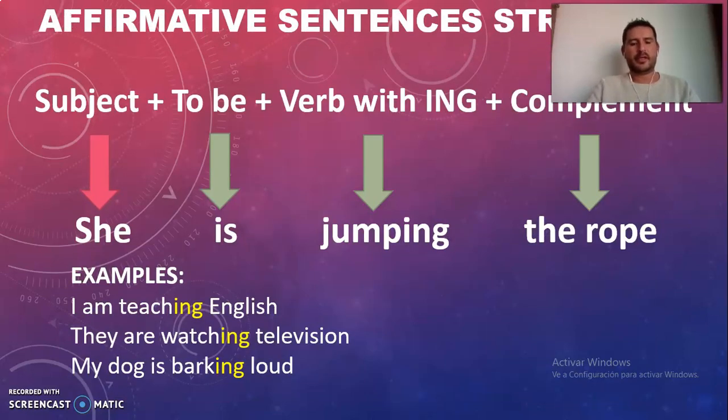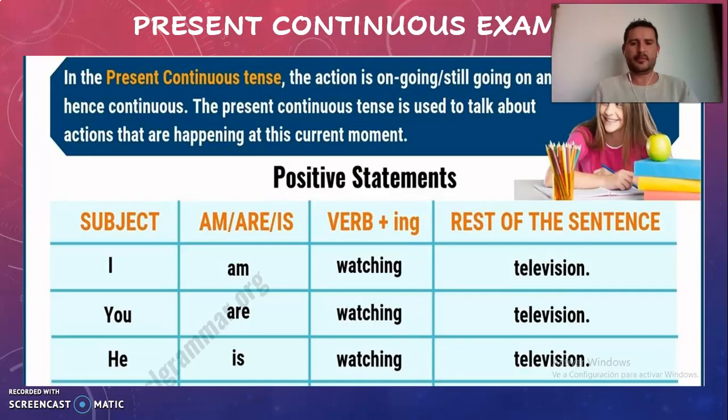There, they can identify the elements one by one and some examples in affirmative sentences. Then they analyze some examples with different subjects to determine the importance of the verb to be in this grammar time.